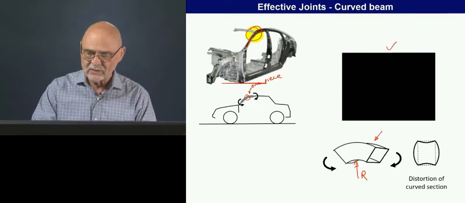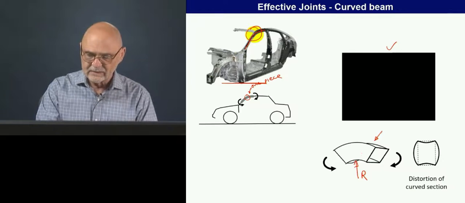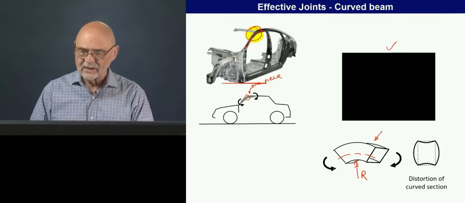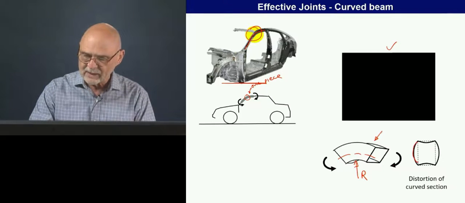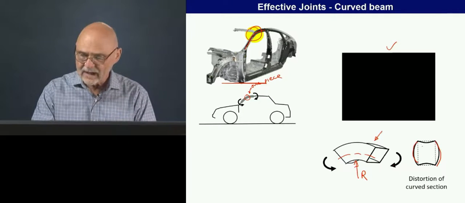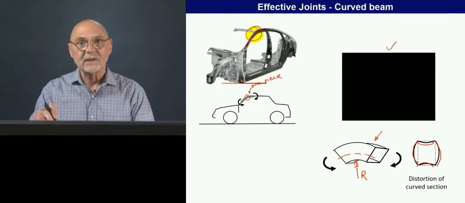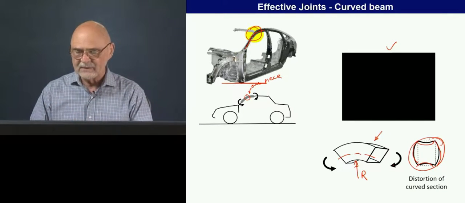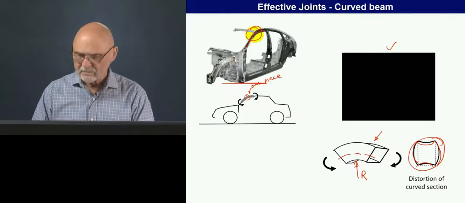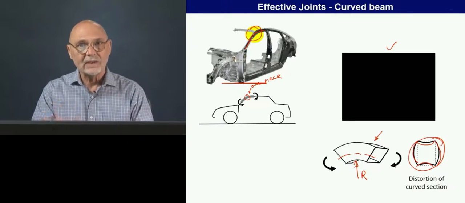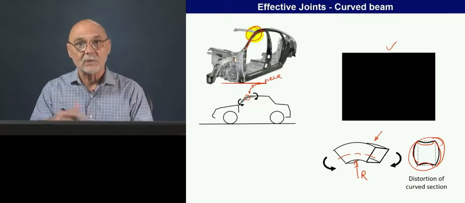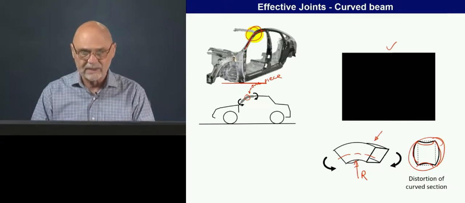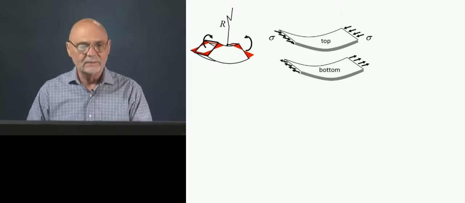But what's happening here, if we just look at this little radius section, as we apply a moment here and here, you saw that the sides are puffing out, and the top and the bottom are being sucked in, a very large amount of distortion. So let's see how we can analyze this phenomenon and see what parameters are important to it, and then maybe how we can mitigate some of the problems.